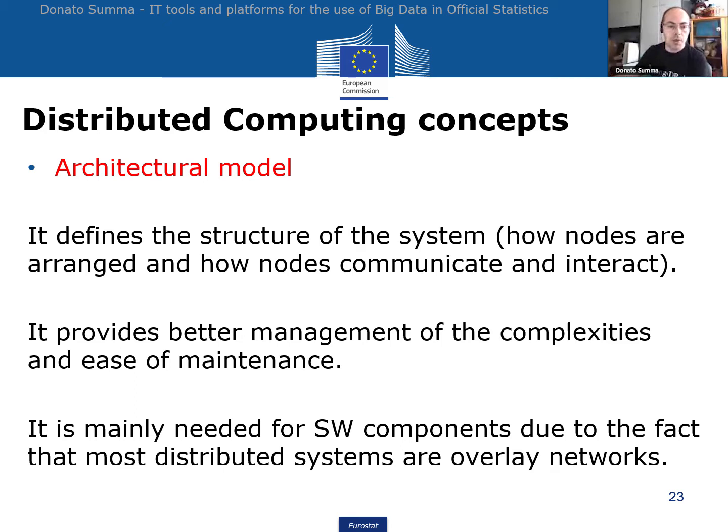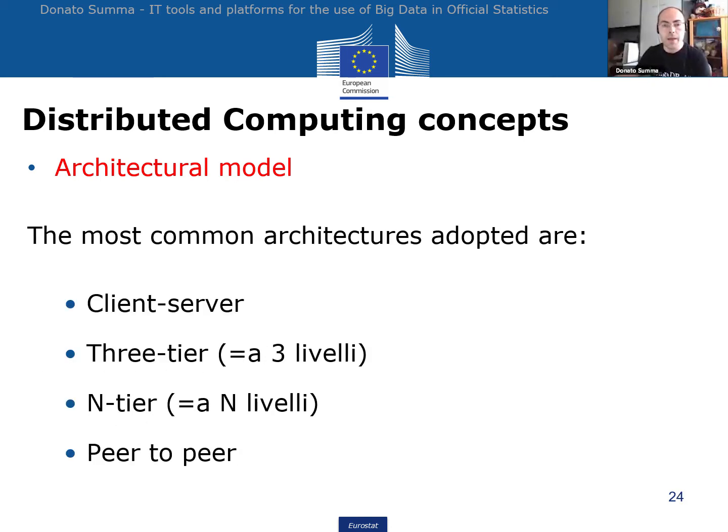The architectural model is mainly needed for software components due to the fact that the vast majority of distributed systems are overlay networks. And we can have different architectural models put in place. The most common architectures adopted are the client-server, the three-tier, the n-tier, and the peer-to-peer.